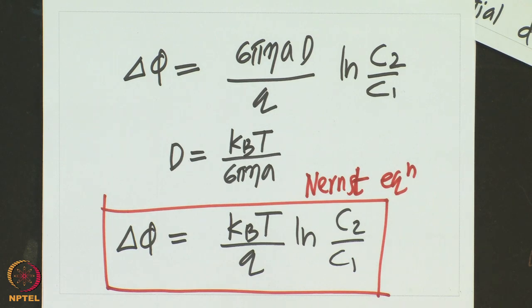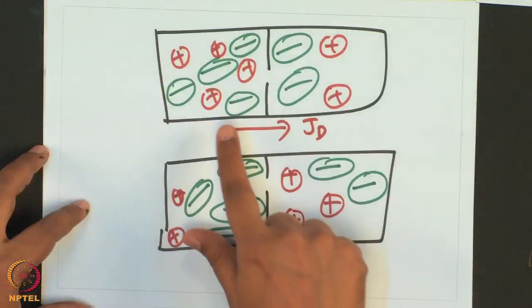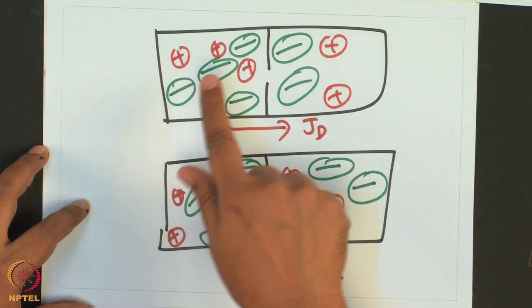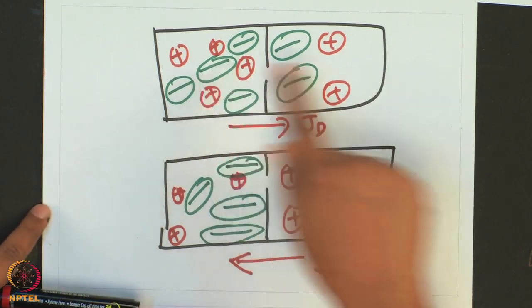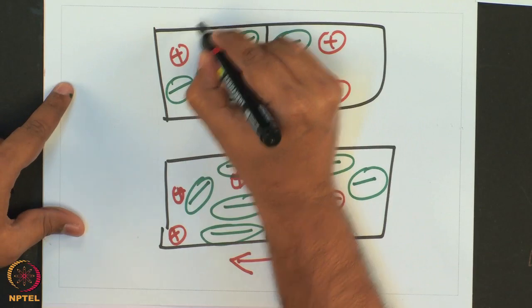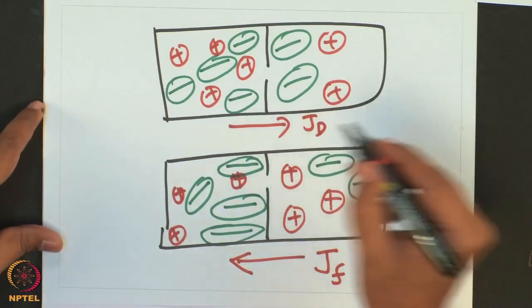Let us go back to the picture that we had a few slides before, which is the flow of ions on either side. At t equal to 0, we have some concentration of ions, C10 on one side and C20 on the other side.